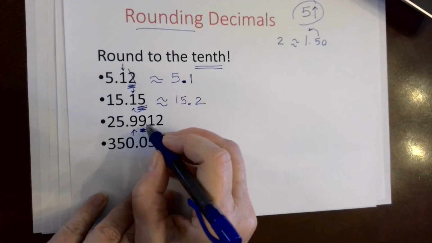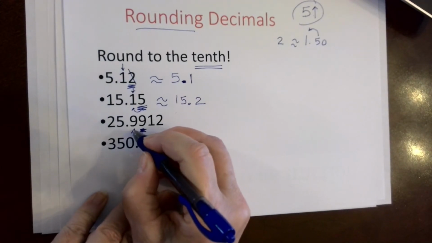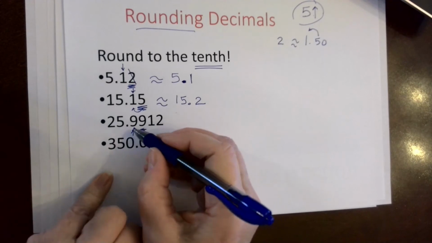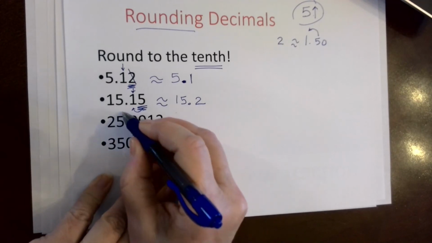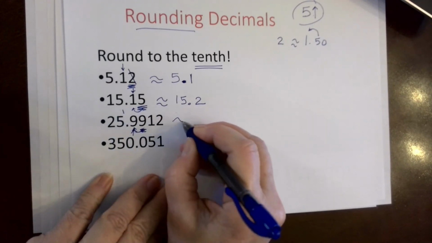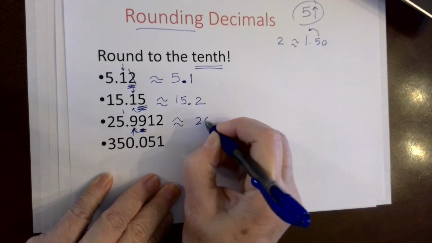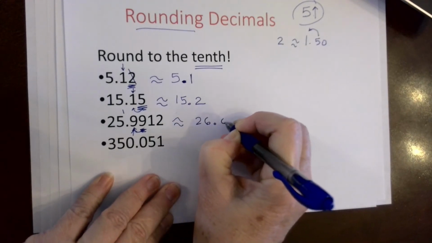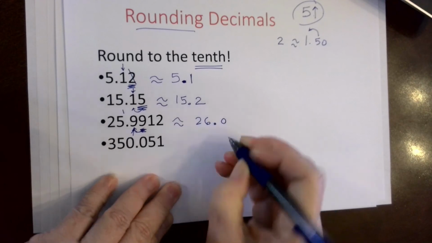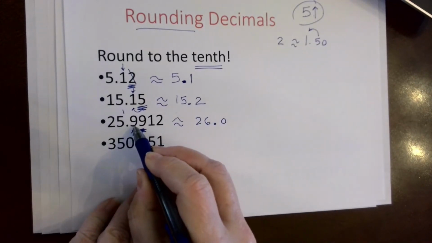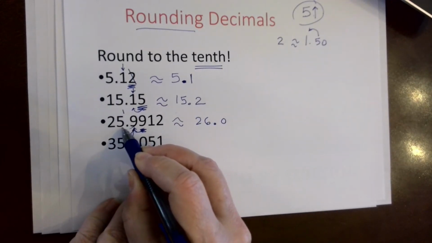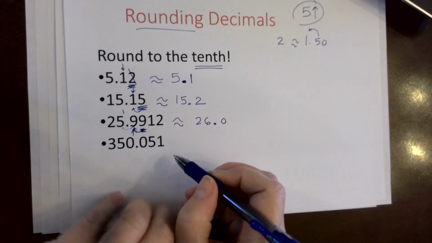That's way bigger than 5. So we're going to round this 9 up, but what does it round up to? A 10, which means carry the 1. So it's approximately equal to 26.0. Because I rounded that 9 to a 10, which made that a 26.